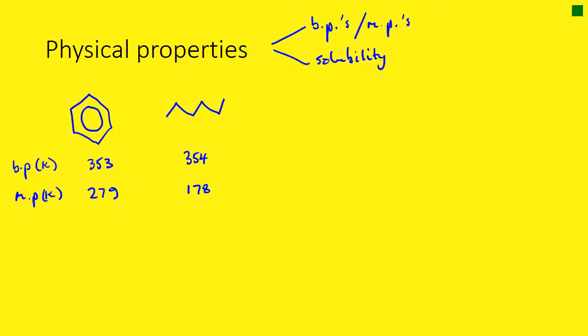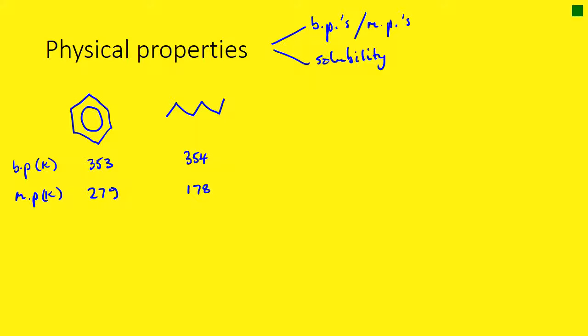Okay, let's try and explain this. Melting points, what we have to do is we've got the fixed benzene molecules, and we have to separate those benzene molecules, and they fit together quite tightly.